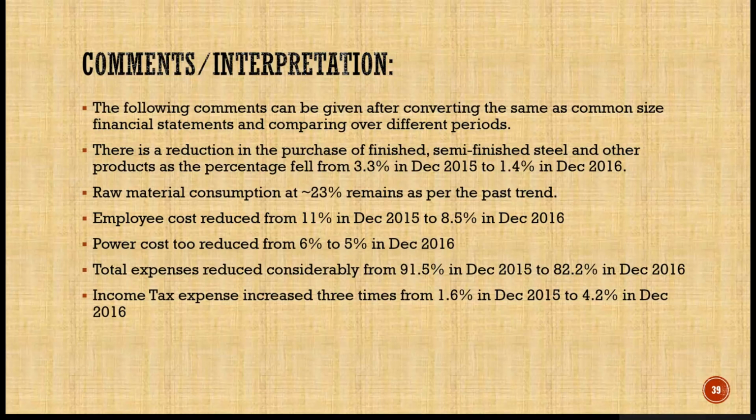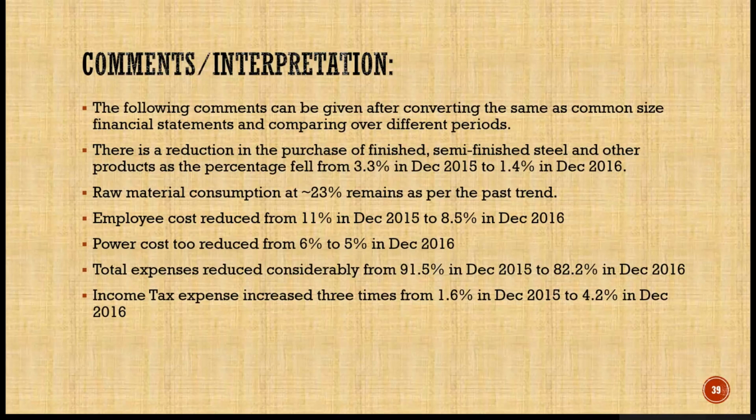So you must have understood that we have to identify important items which affect the profitability and how to comment on the items, whether it has increased or decreased. And by this way, we come to know that yes, the management is efficient. They have shown operating efficiency as they have reduced expenses considerably.